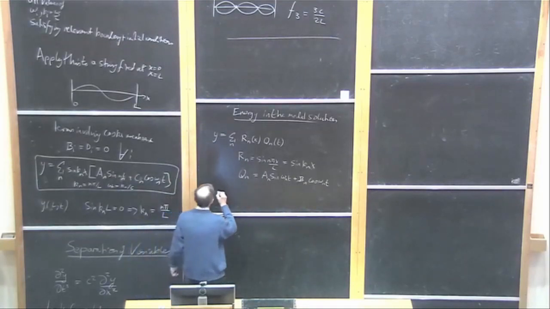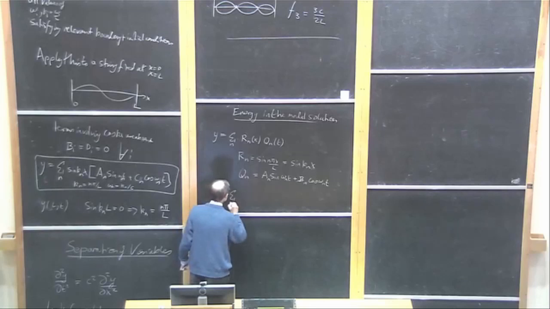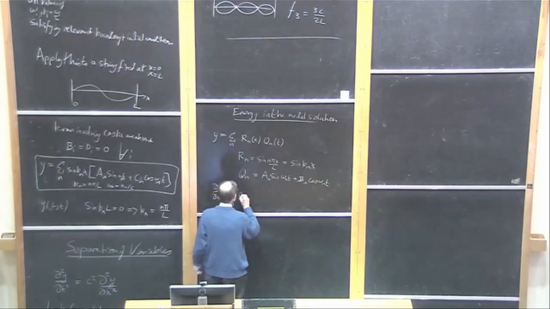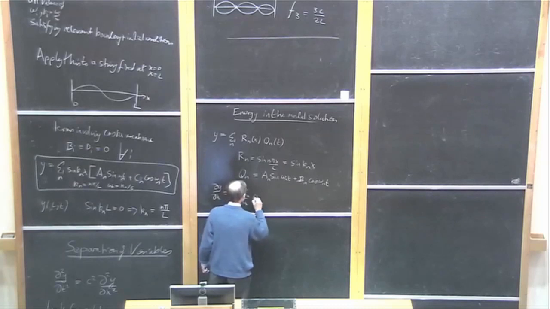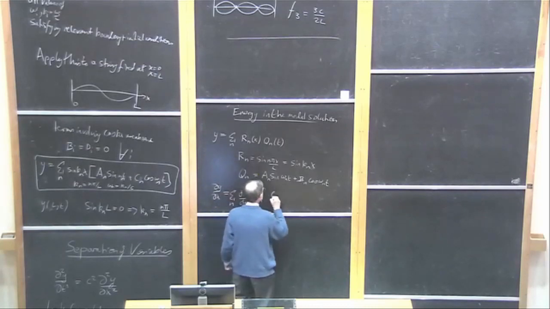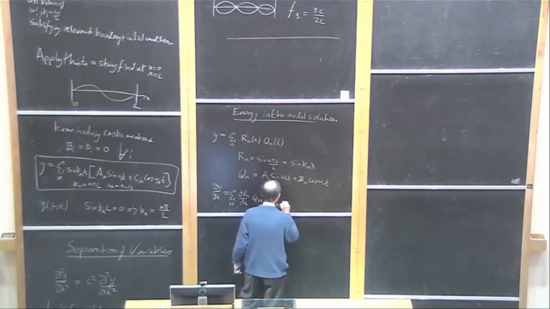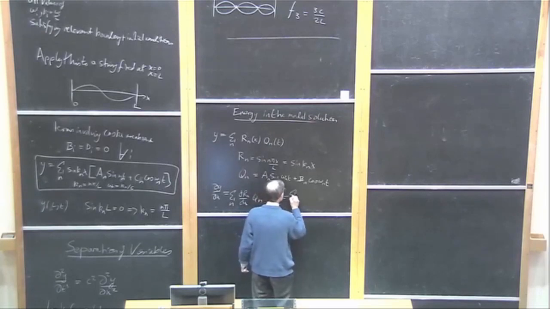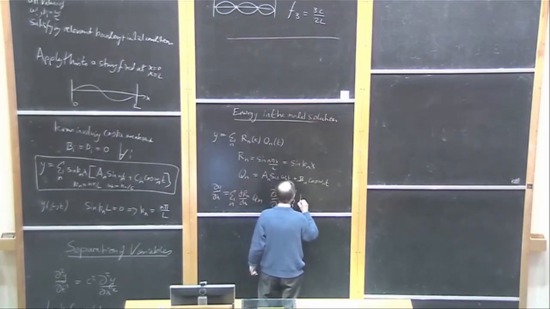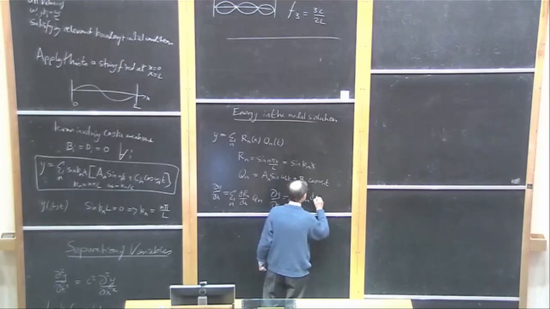So then dy by dx is the sum over n of dR_n by dx times Q_n, and dy by dt is the sum over n of R_n dQ_n by dt.